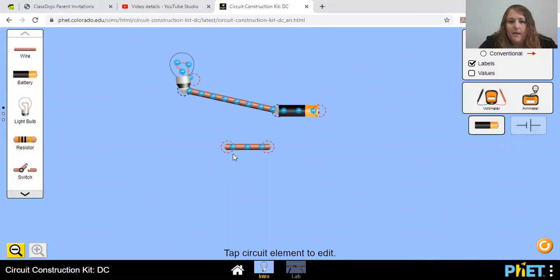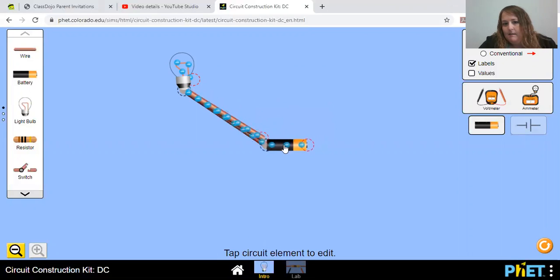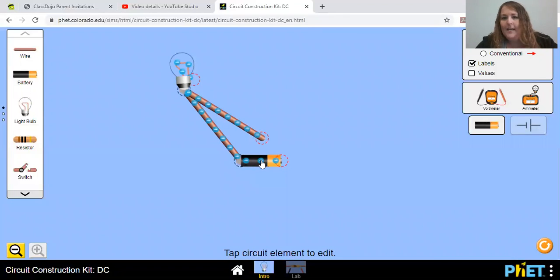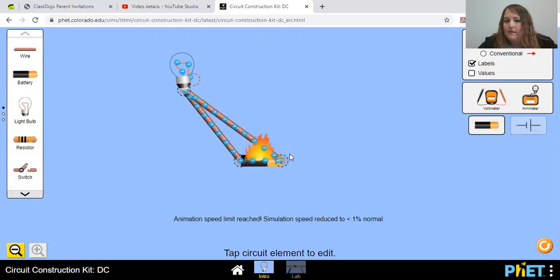So it went from the other side of the bulb, and it actually went back to that same end. Now, it's not liking to connect, because we know already that a light bulb will need to be charged through both ends of the battery. And you can see what happens if I pop that on. So you can see the animation speed is there, the battery's gone straight through it using the wire.